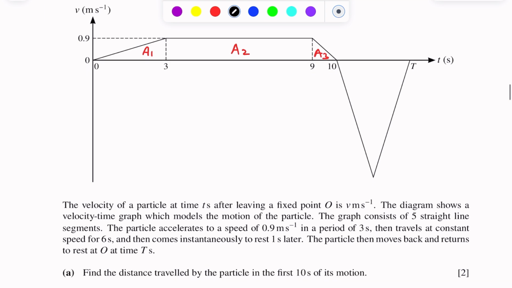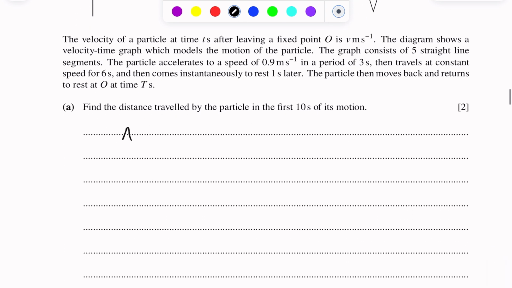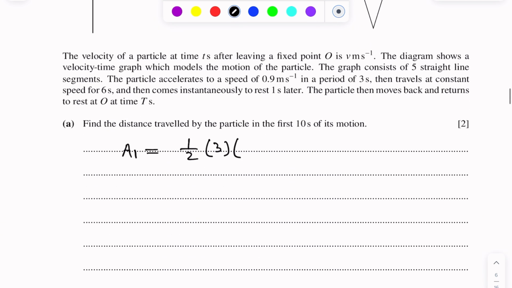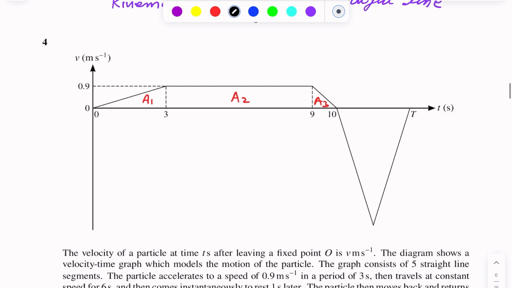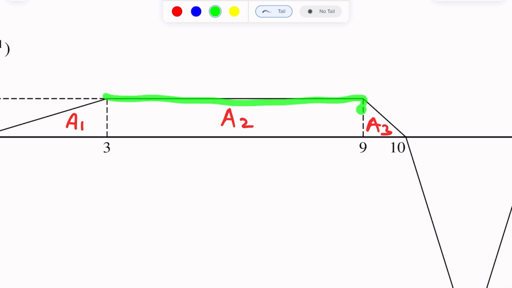Now first, the first triangle, represented by A1. Area of triangle A1 is equal to 1/2 base times height. Base is 3 and height is 0.9. After calculation, we get 1.35. And the second area A2 is our rectangle, length times breadth.